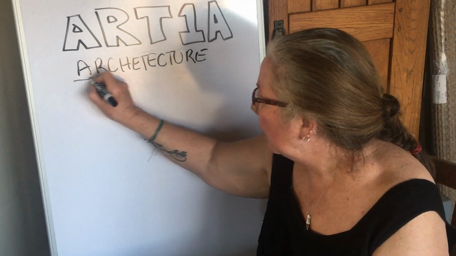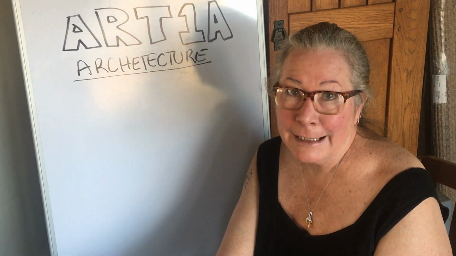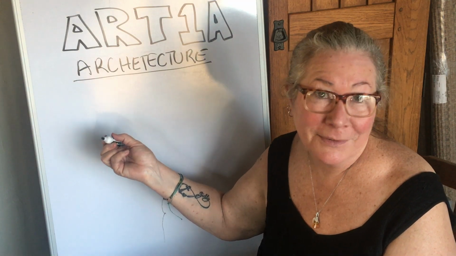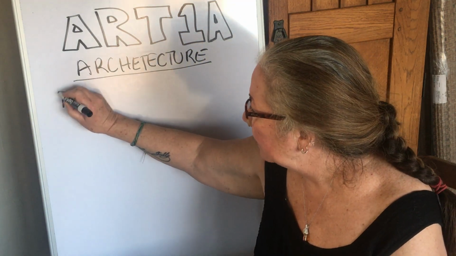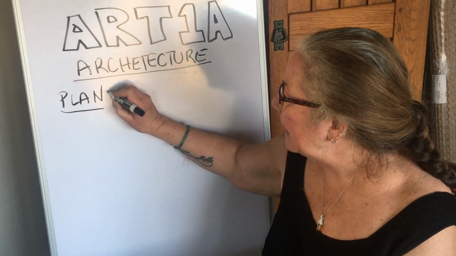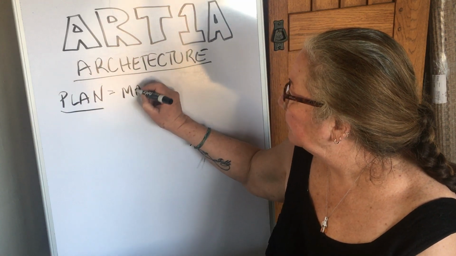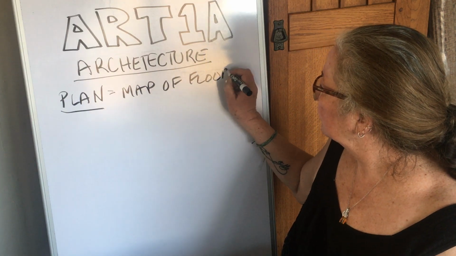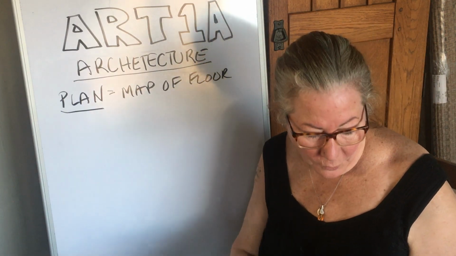When we're talking about architecture in art history, we often are looking at diagrams of buildings, okay? A plan is basically a map of the floor. That's it. This is the map of the floor.